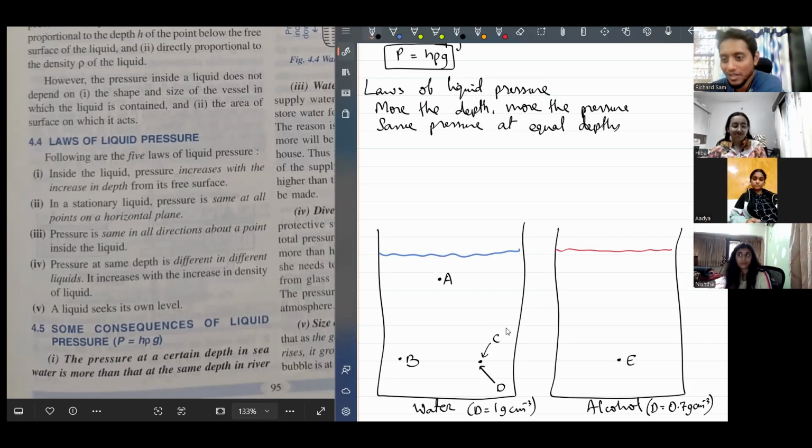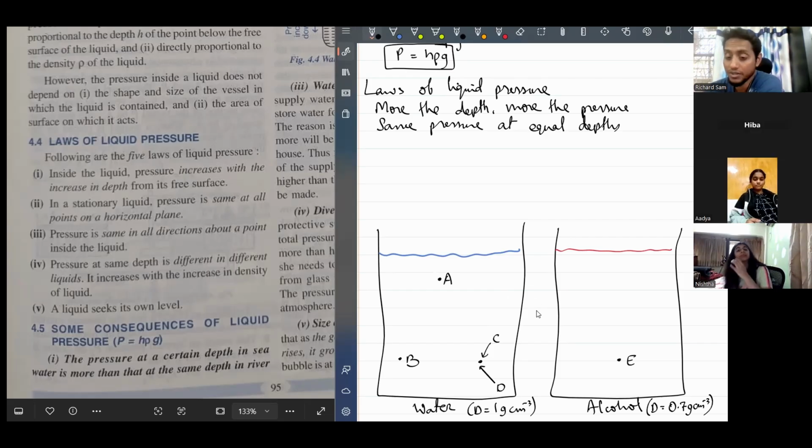Hiba, tell me, at which point is there the least amount of pressure? At point A. Okay, at point A there's the least pressure, and obviously it's because of the least amount of depth, right? The depth means the distance between the surface and that point. That is depth or height. Now points B, C, D, and E are all at the same level.